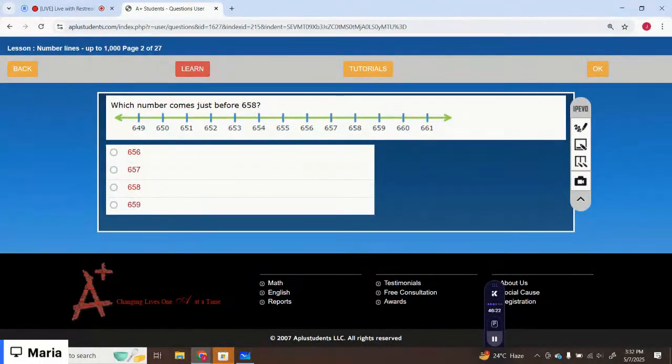The number that comes just before 658 is 657. Option number 2 is the correct option.